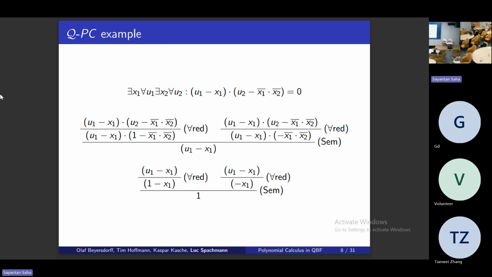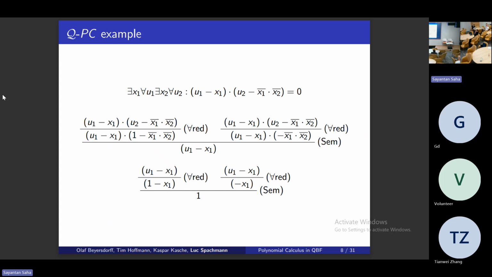I have a short example here of how such a QPC refutation can look. Here we have the axioms twice. We can directly reduce u2 because u2 is at the right side of the quantifier prefix. On the left side, we set u2 to 1. On the right side, we set u2 to 0. We get both of those.